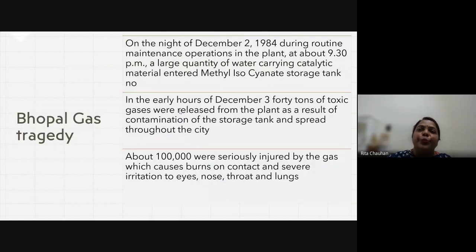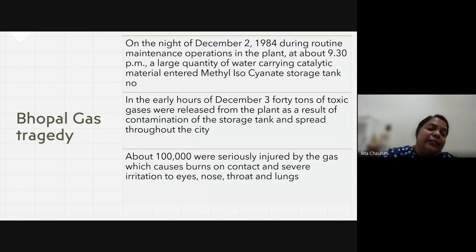Because of this methyl isocyanate storage leaking, this chemical leaked into the entire area, and the next day toxic gases were released from that industrial setup, and more than 1 lakh people were affected by this toxic gas.